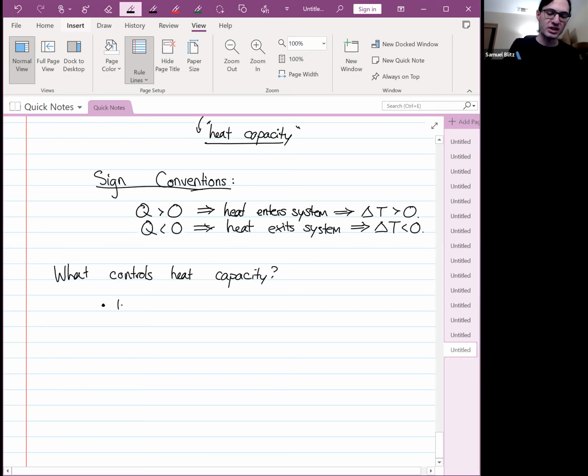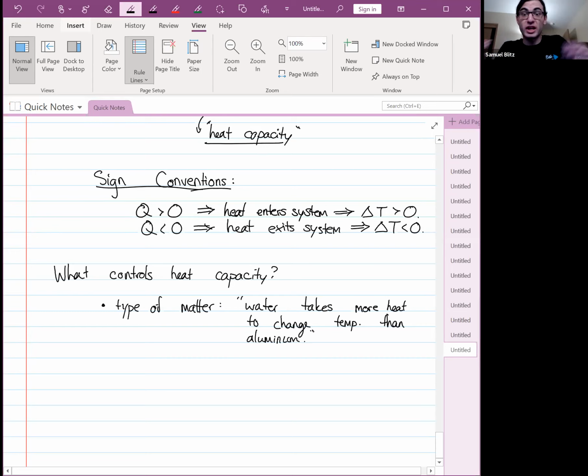The first is the type of matter. The type of matter certainly controls the heat capacity. This is to say, water takes more heat to change temperature than, say, aluminum. If you have the same amount of aluminum and water, the water is going to take more energy, just measurably true.